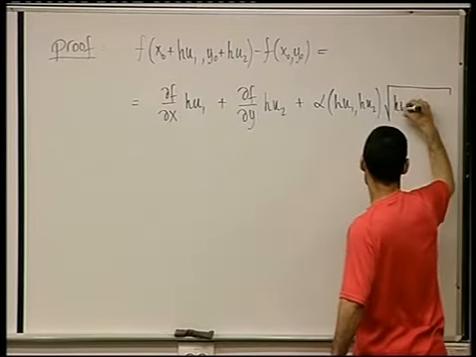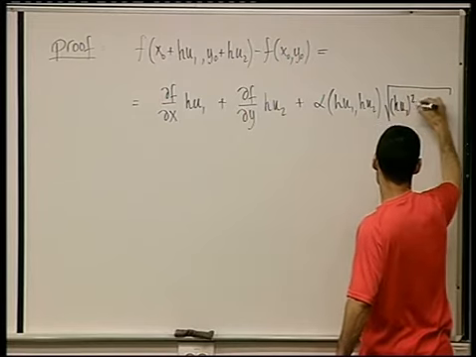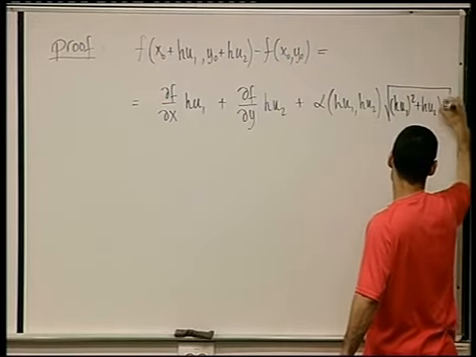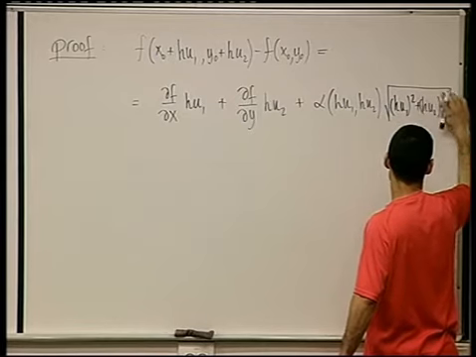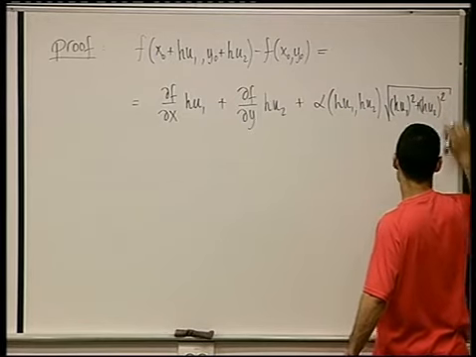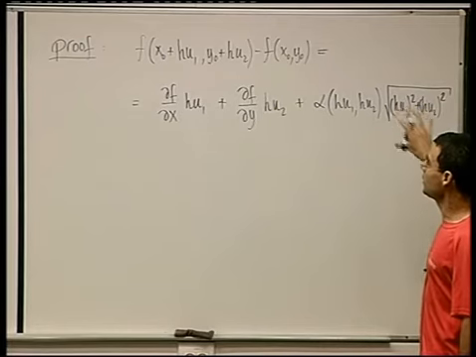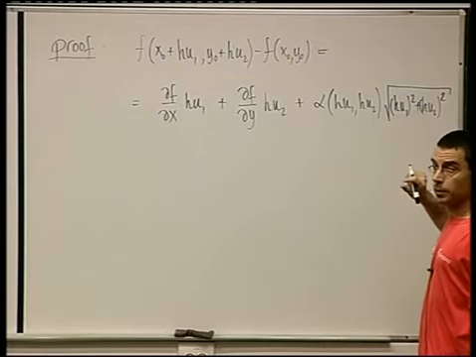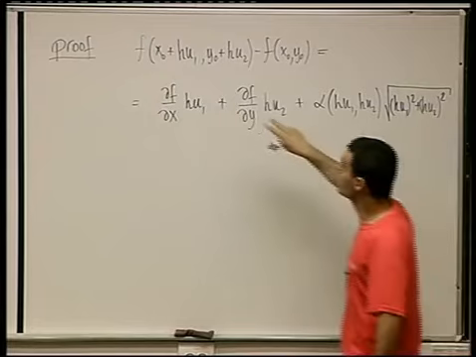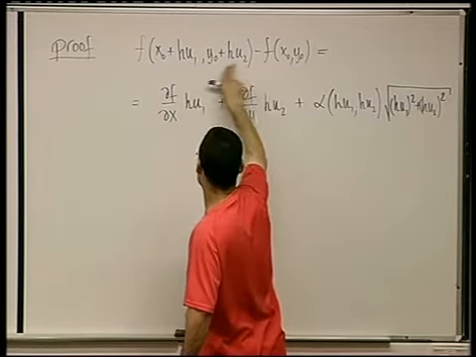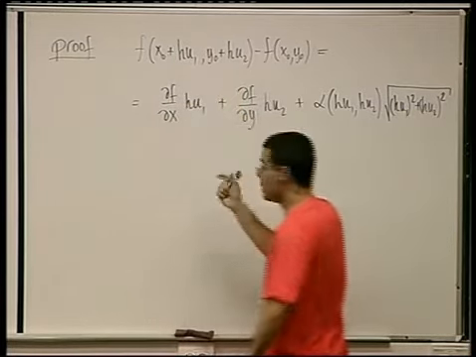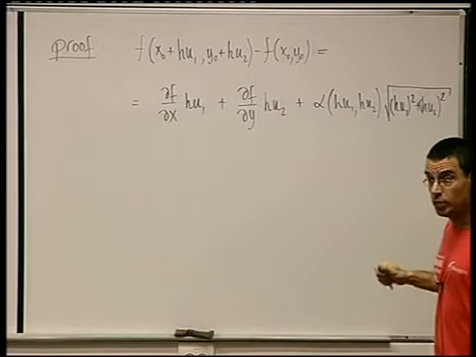So hu1 squared plus hu2 squared. Good? So what I wrote is that property of being differentiable, and we phrased it in terms of specific h and k's, which are multiples of this u vector.